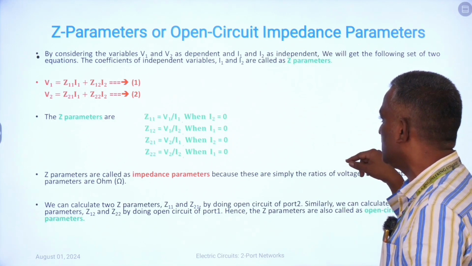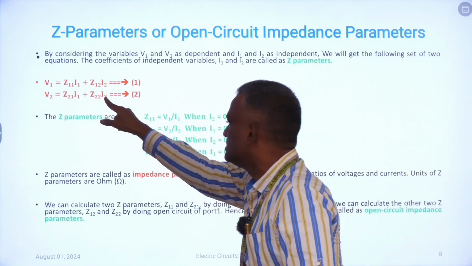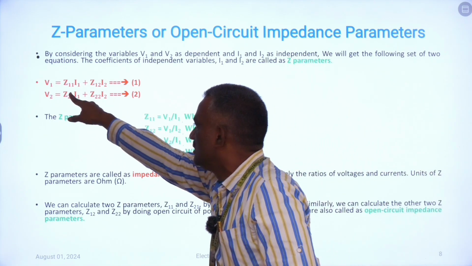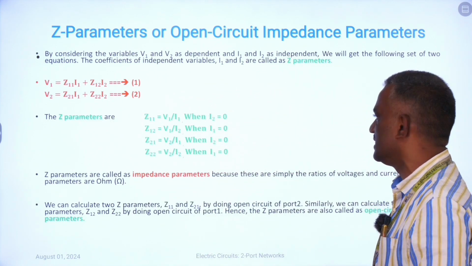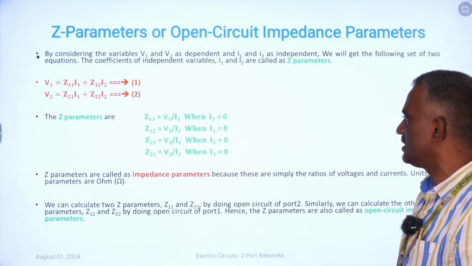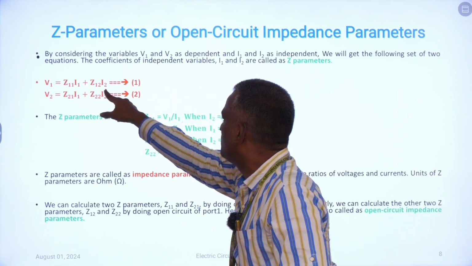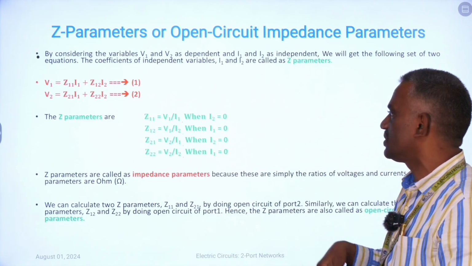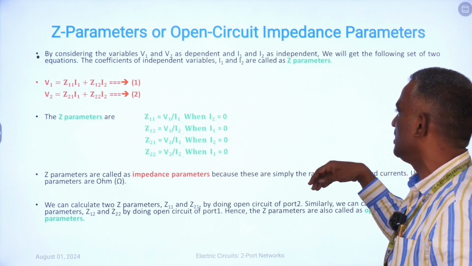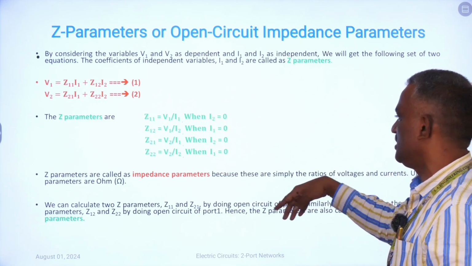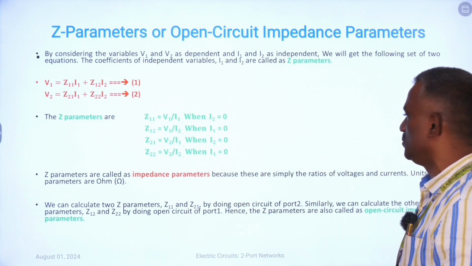The coefficient of the independent variable is Z11, the first parameter. The next, the coefficient of the next independent variable, is Z12. Likewise Z21, Z22. So we'll have 4 parameters: Z11, Z12, Z21 and Z22.